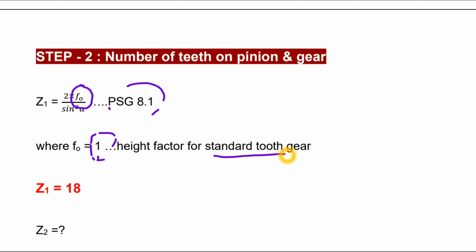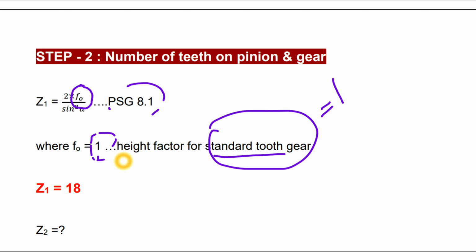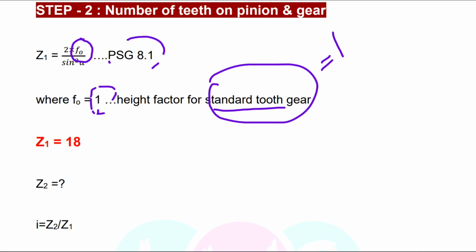Sometimes the question mentions that the height factor is for a stub gear tooth, then you have to take the value 0.8. If nothing is mentioned in the question, then always take a standard tooth gear, and the value will be 1. So f0 is equal to 1. Next, substitute the values in this formula, 2 into 1 upon sine square alpha.